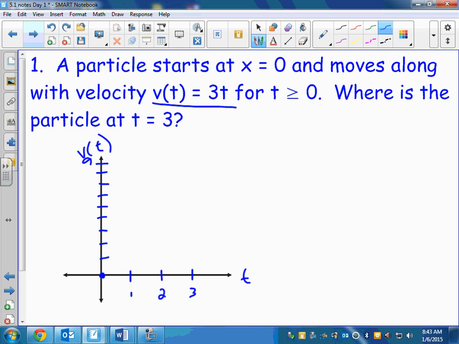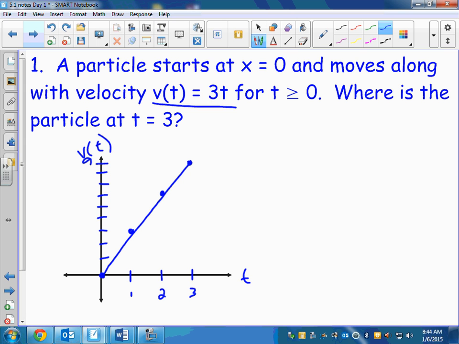At 1 I'm at 3. At 2 I'm at 6. 3 at 9. And it's linear, which means it's a constant rate, I guess. Constant acceleration.